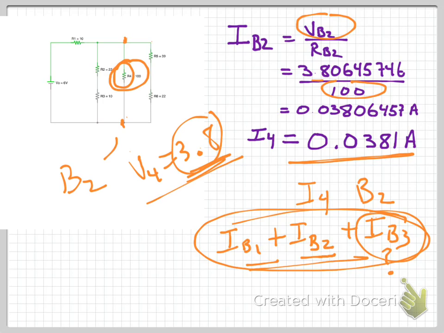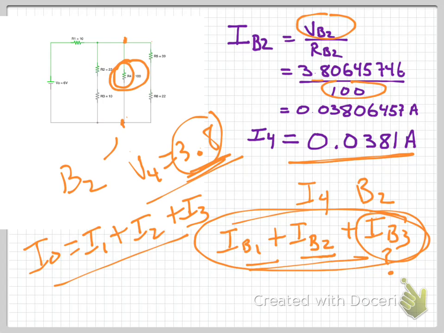And again, that's just using the advantage of understanding what the parallel circuit rules are and knowing that I0 equals I1 plus I2 plus I3. And when you apply those rules, again, you can avoid doing some calculations by understanding that you can take the sum of those to find our third branch when we know the other two branches.